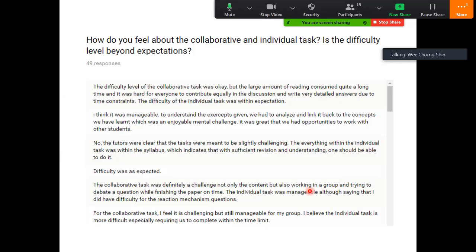Okay, these are some of the responses given by the students, but really, my role today is not to share with you how successful or not so successful the tasks were. Maybe one other thing you might be interested in: what after the collaborative task? After that, we have an individual task as a formative assessment, just to test them on very basic stuff.